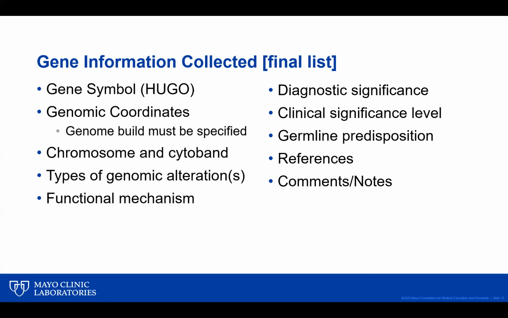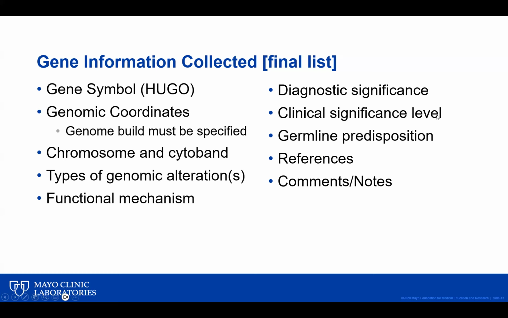So, for instance, if a gene were only mutated in triple negative breast cancer, that would be an important piece of information to keep in the cancer-specific gene list, and it could potentially help in diagnosis of a patient.